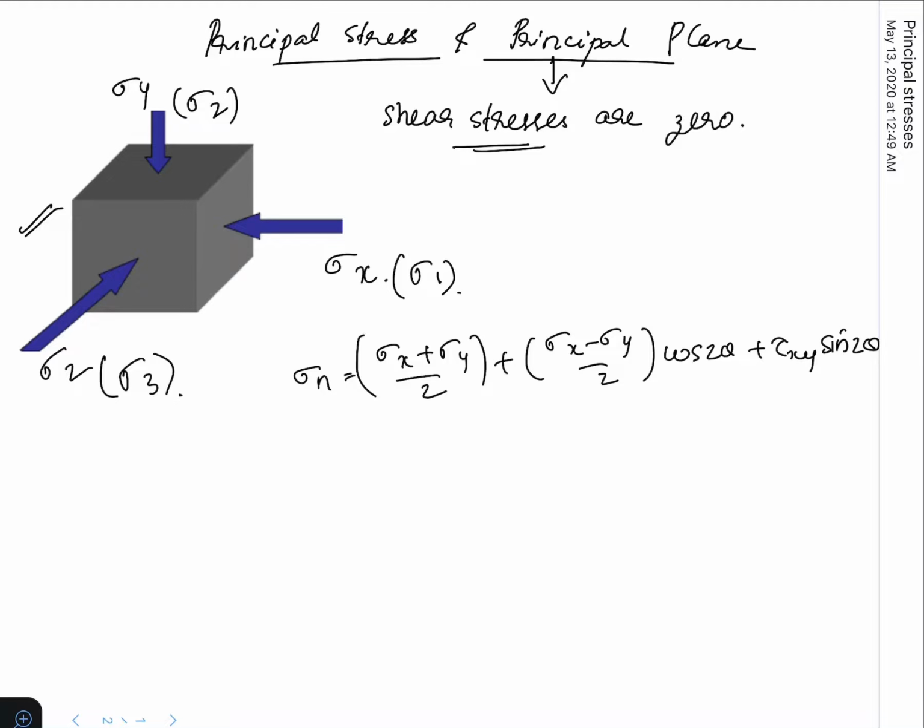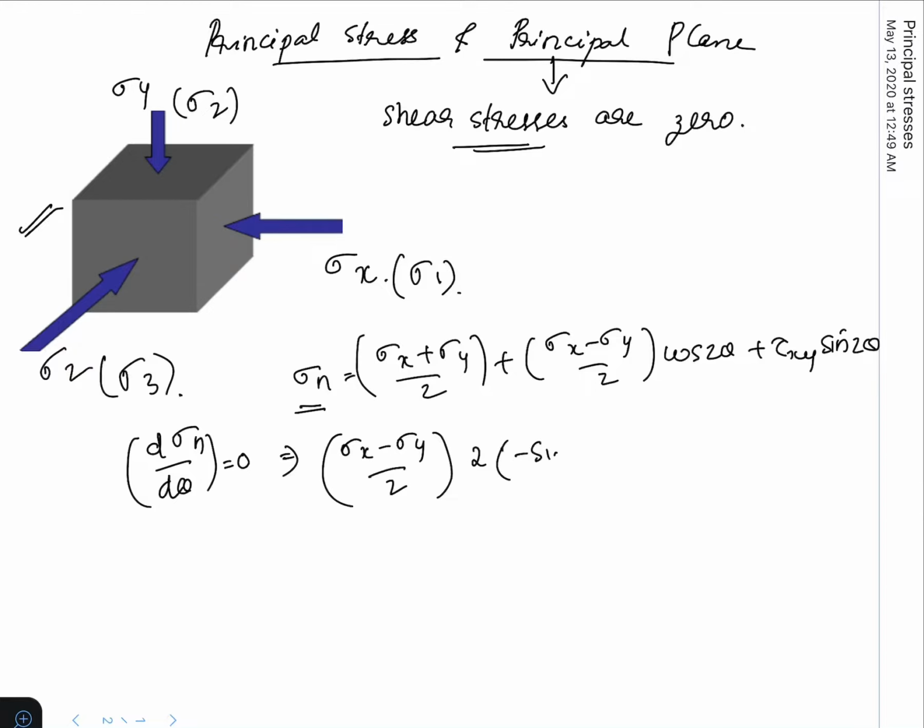In order for sigma n to be maximum or minimum, d sigma n by d theta should be equal to 0. Differentiating, we have sigma x minus sigma y by 2, into minus 2 sin 2 theta, plus 2 tau xy cos 2 theta, equal to 0.